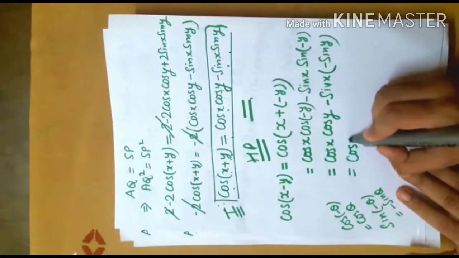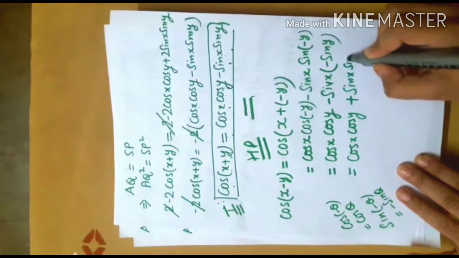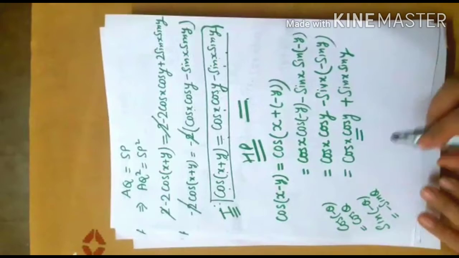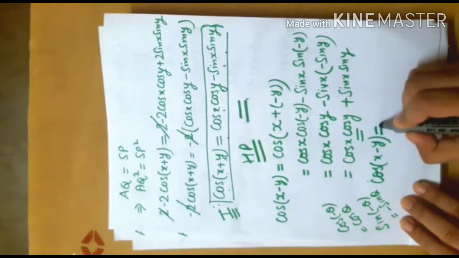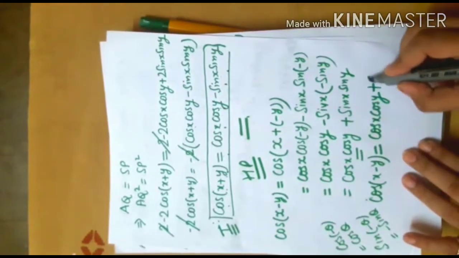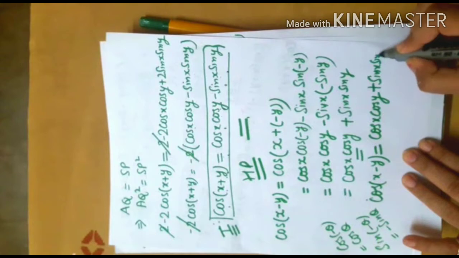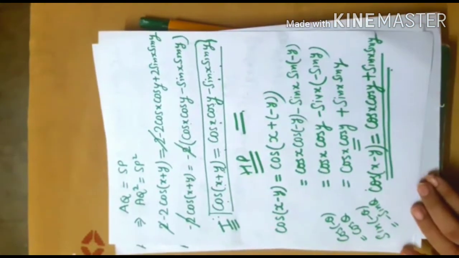So I'll get cos x cos y plus sin x sin y. So remember this, cos(x minus y) is equal to cos x cos y plus sin x sin y. This is our second identity in this group.